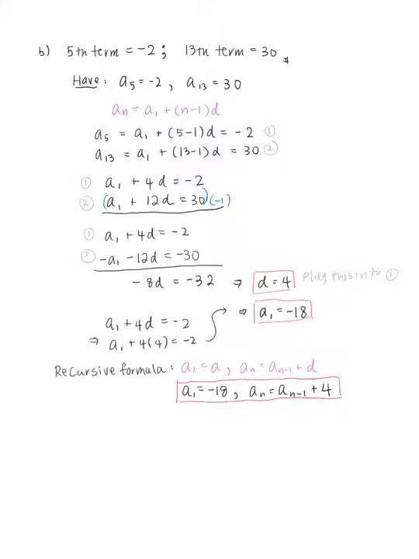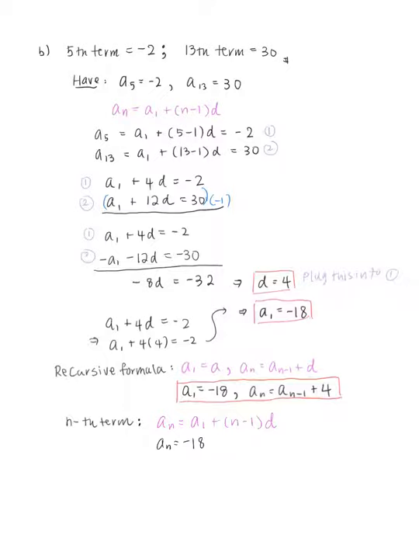Alright, now what do we have to do? Nth term. The formula for that is a sub n equals a sub 1 plus n minus 1 times d. Okay, so for this particular problem, we're going to have a sub n equals, a sub 1 was what? Negative 18.